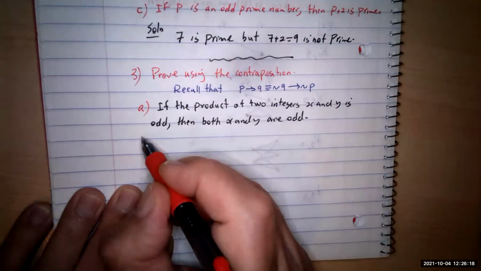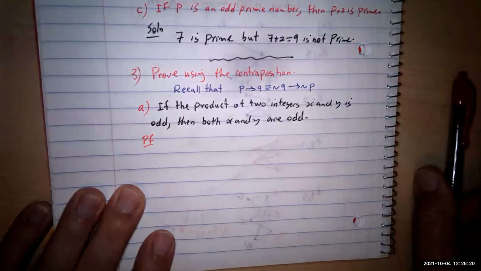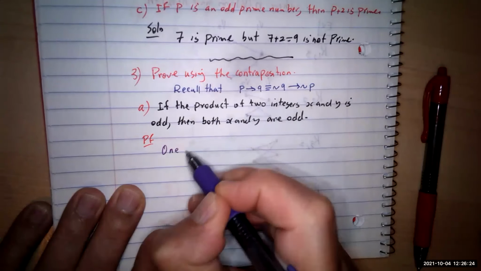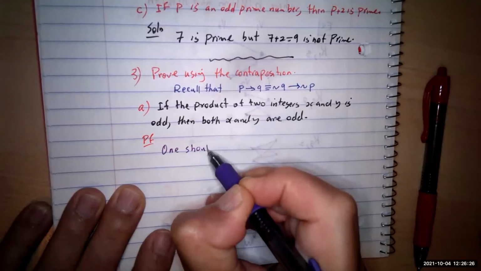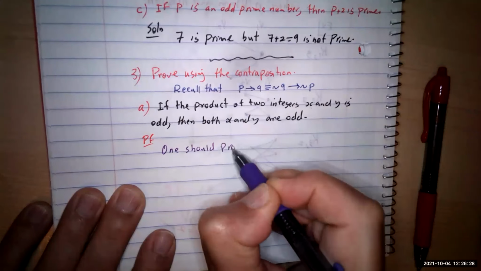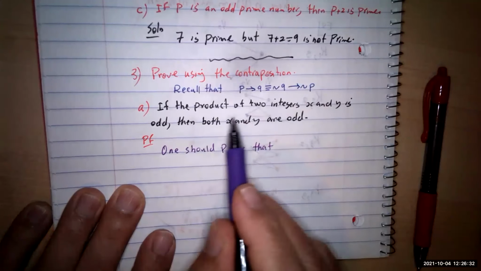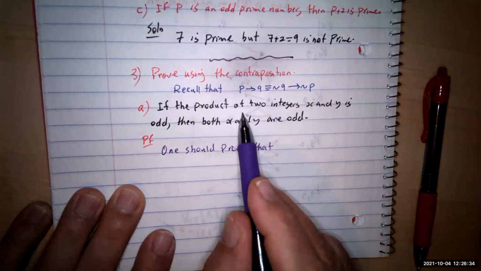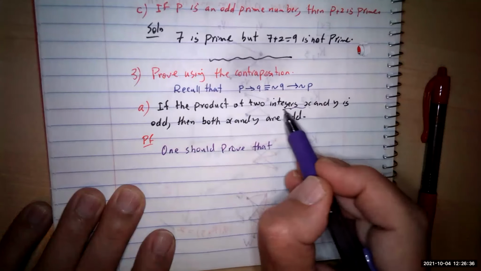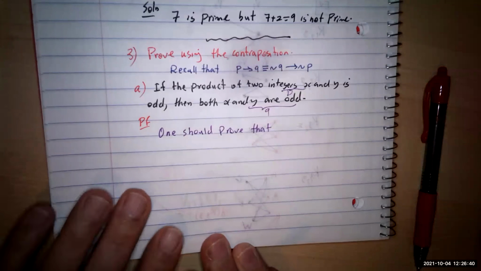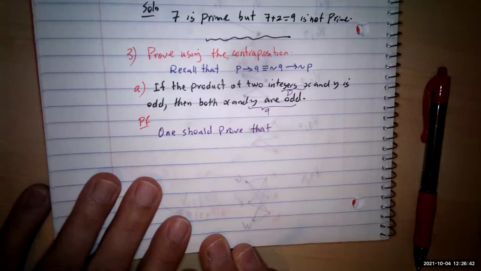The proof is going to be: you have to give us the contrapositive. Remember, this part is going to be your P and this is going to be your Q, so you have to give us not Q implies not P. Any suggestion? If either x or y is even.